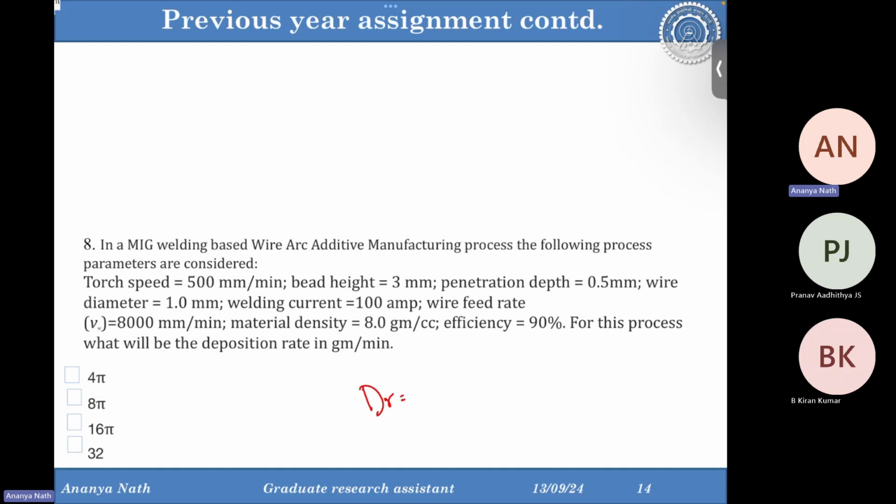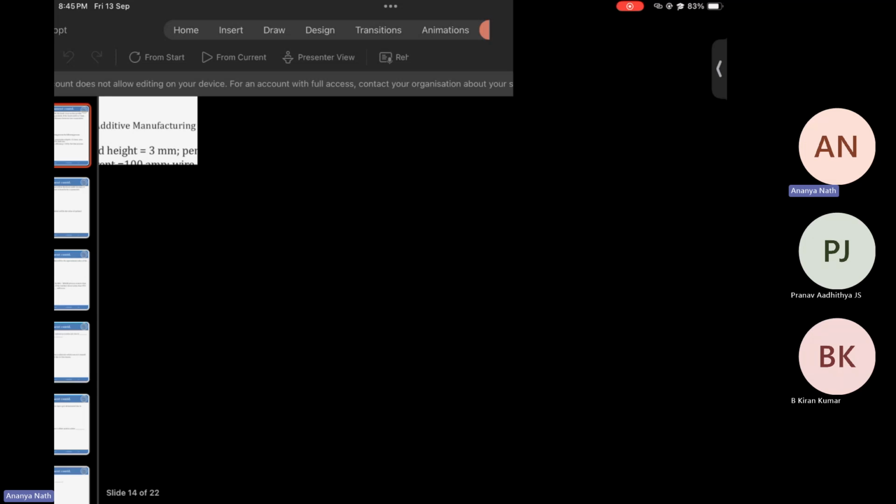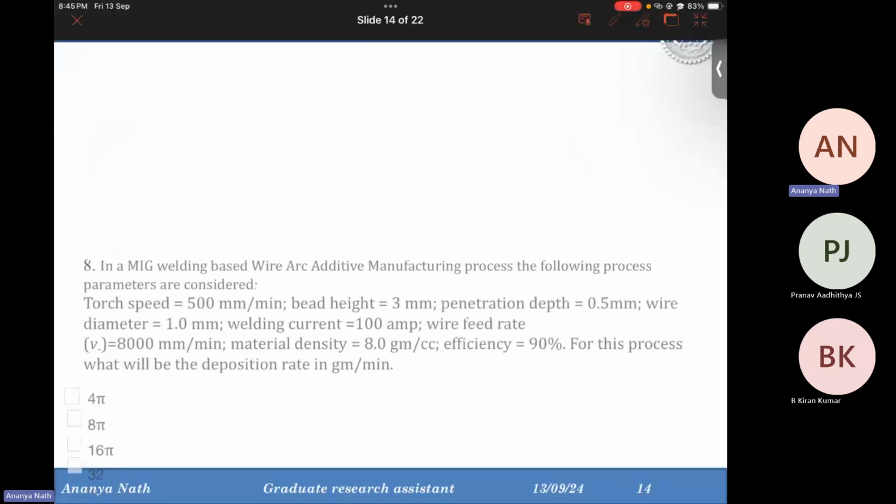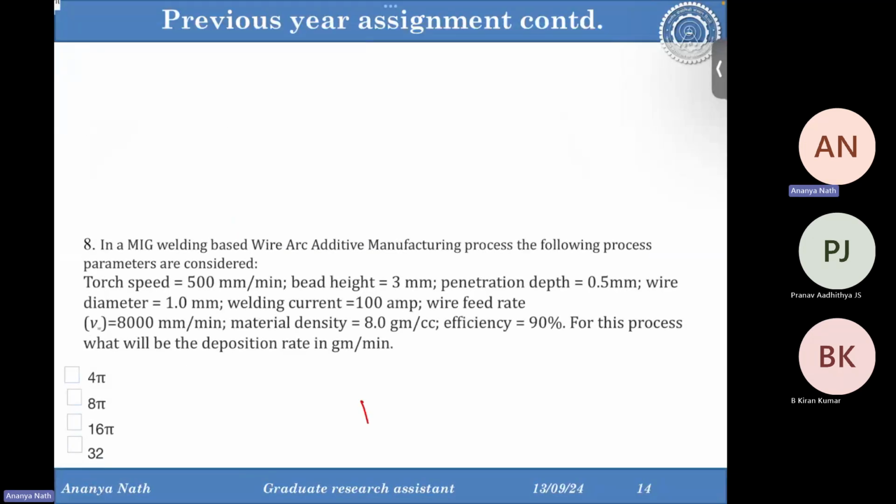Now, to determine the deposition rate, you may have two ways: by calculating from the torch side, or from the width of the deposition that you are having. So the other way is deposition rate equal to AW VW into rho.